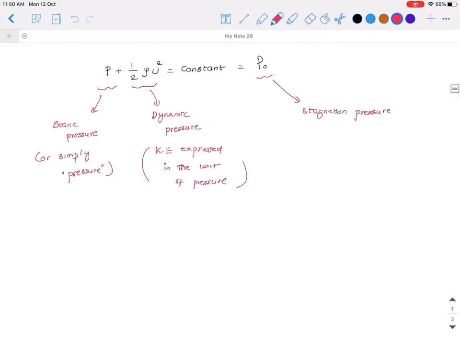A particle flowing in a fluid has both static and dynamic pressure.